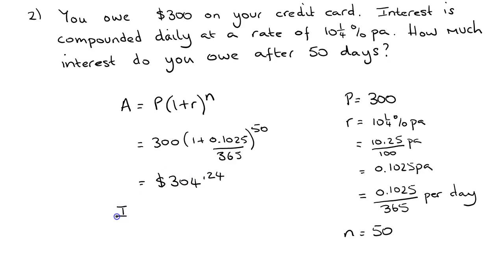So to calculate the interest, it has to be the amount minus the principal, which is our 304 minus the original amount. So the amount in interest is just $4.24. And that's an example of using compound interest.